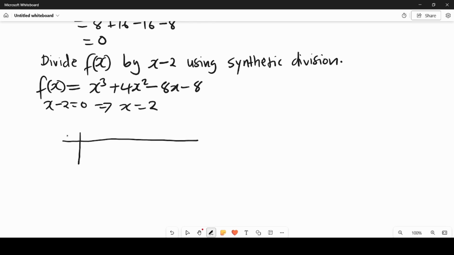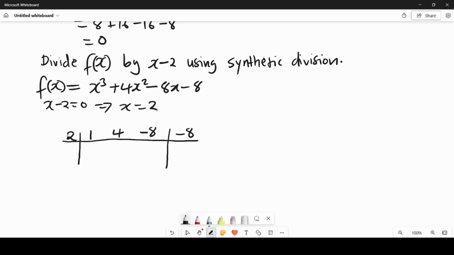At this point, you put the value of x, which is 2. Then here you put the coefficients of the given polynomial, from the highest degree: 1, 4, then minus 8, then the constant, negative 8. Once you write the constant, you close it out with this line.